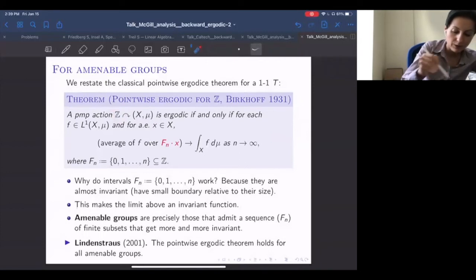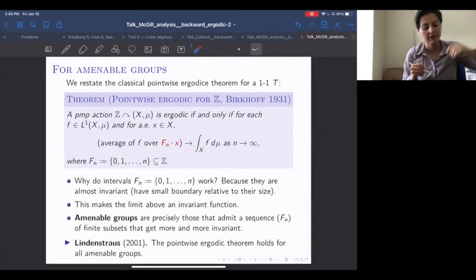So Bufetov ergodic theorem just translates to: a p.m.p. action of Z is ergodic if and only if for any L1 function you take, the averages over, now I wrote it group theoretically, right, this set Fn, which is just the interval from 0 to n, so Fn times x gives you precisely this interval in front of x, converge to the expectation.